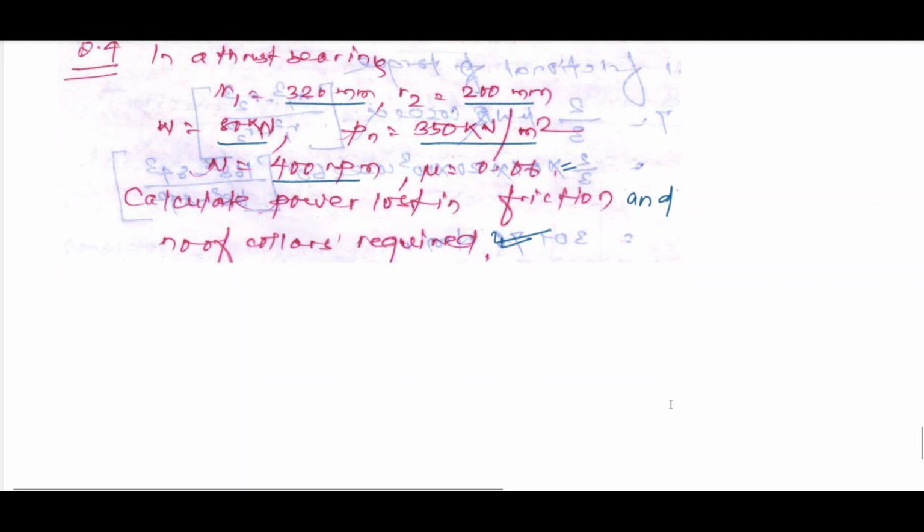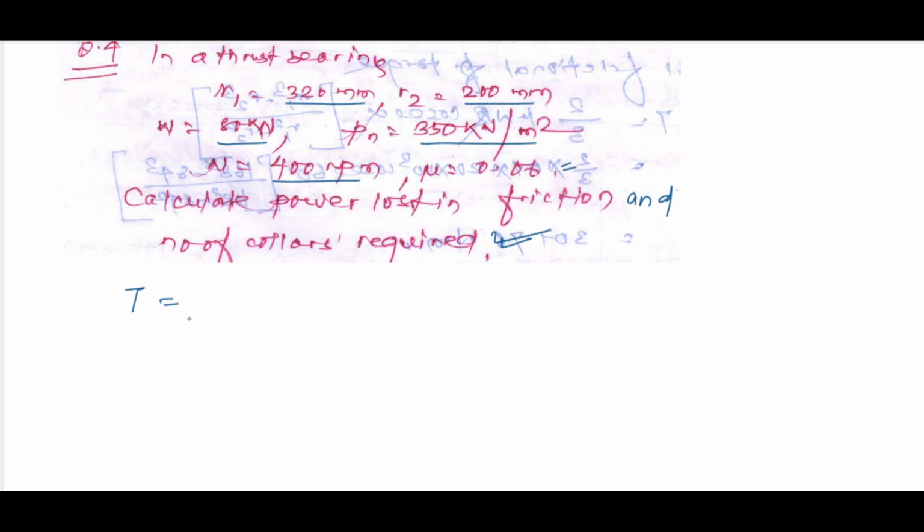In this particular case, let us use the relation. If nothing is given in the figure, we'll assume uniform pressure criteria, because we'll take into account the maximum frictional torque, and we know from our previous problem that frictional torque is more in case of uniform pressure.